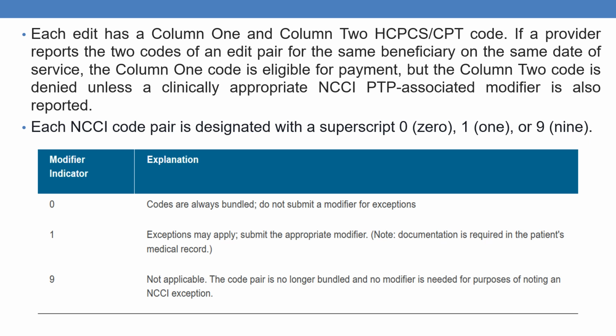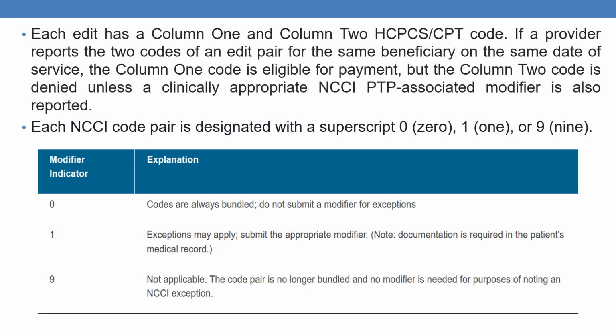If a provider reports the two codes of an edit pair for the same beneficiary on the same date of service, the column 1 code is eligible for payment, but the column 2 code is denied unless a clinically appropriate NCCI PTP (procedure to procedure) associated modifier is also reported.